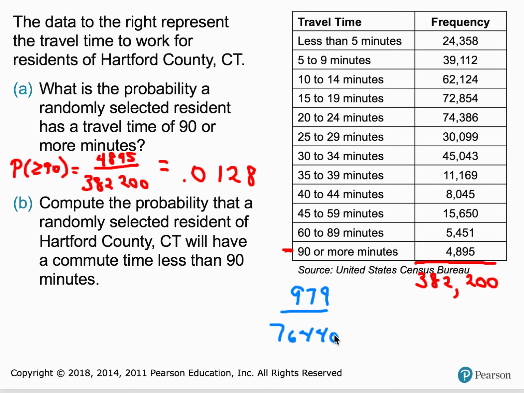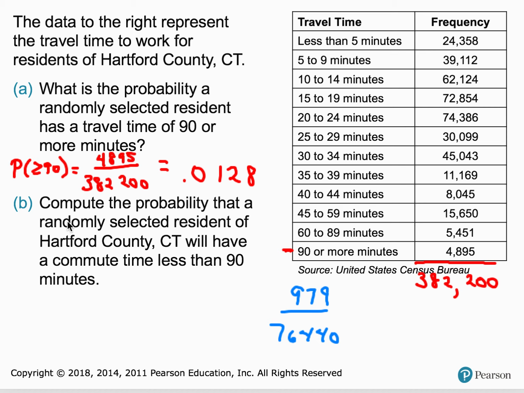And then let me see if it'll reduce further now that it's a little bit smaller. No, so I'm assuming that's as far reduced as it will go.